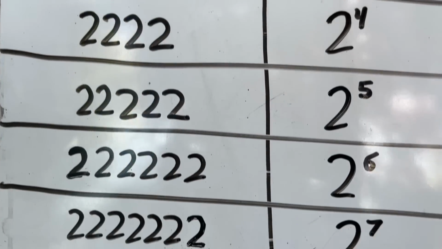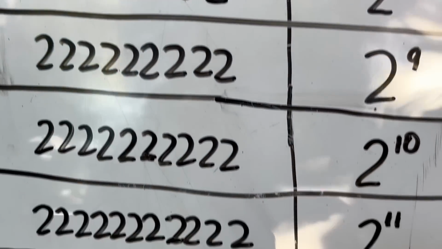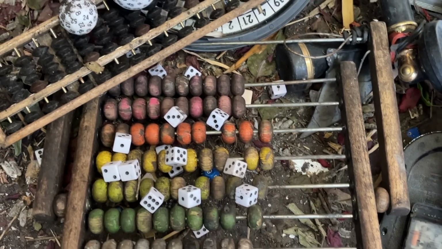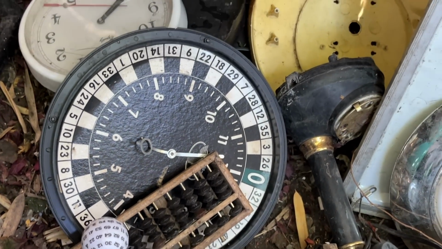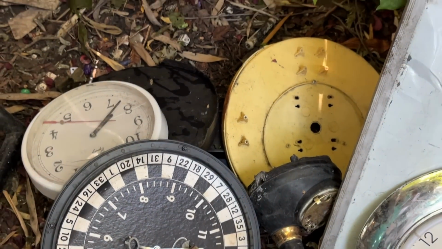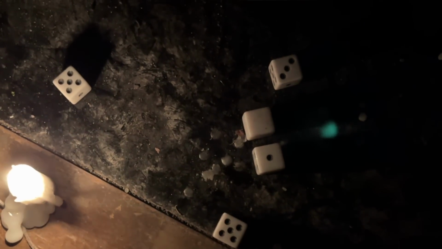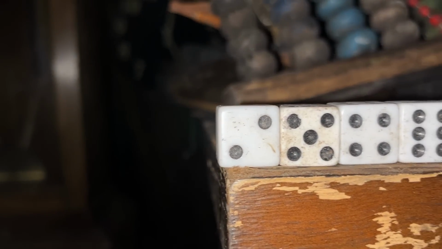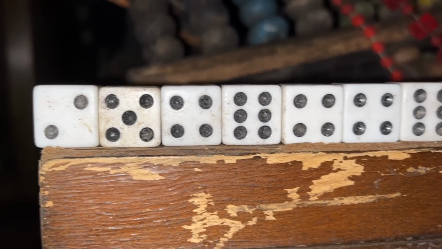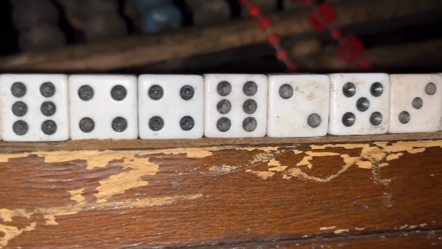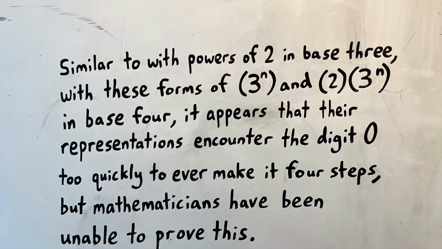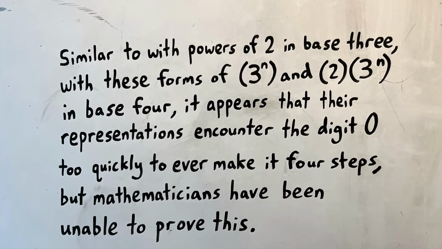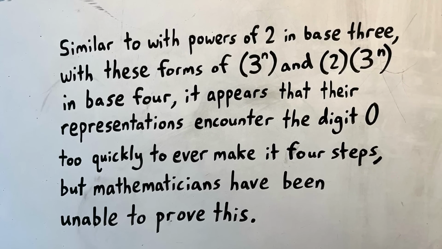And similar to the powers of 2 in base 3 that we looked at, it seems highly likely that beyond the large range that mathematicians have already checked here, all further powers of 3 and numbers that are twice powers of 3 when expressed in base 4 contain zeros, but although it's statistically likely that all numbers of this form after a certain point contain zeros, that hasn't been proven. And so, like in base 3, there's an unproven conjecture that base 4 has a maximum multiplicative persistence of 3.